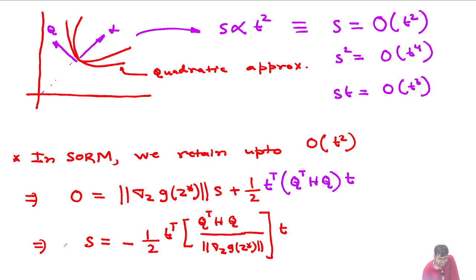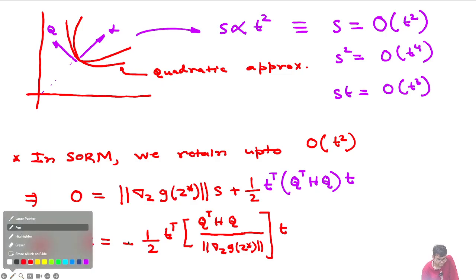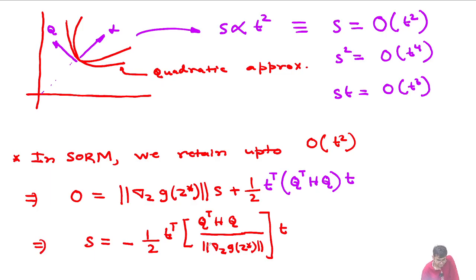So this term inside the bracket has a name. Can anyone tell me what this is equal to? This is known as the curvature matrix. Curvature is actually a function of the Hessian. Hessian is not the curvature. This is the curvature matrix. Now you can also call it curvature tensor, but let me go by matrix for now.